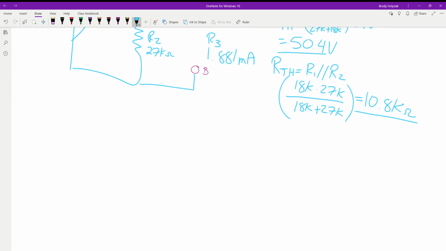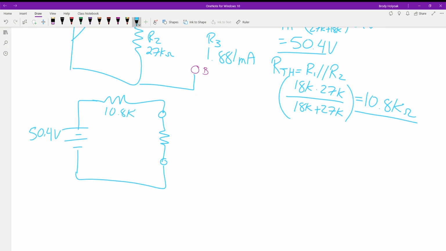So we take our Thevenin circuit, we plug in what we have, and look. So we have 50.4 volts. We've got 10.8K. We're back down here to R3, which we don't know its value, which is what we're trying to solve for. But we do have the current.